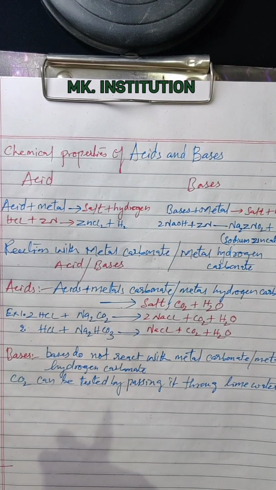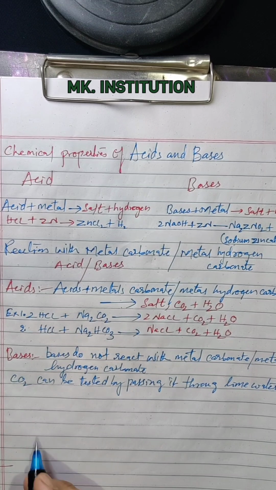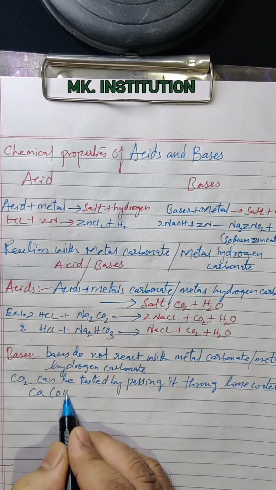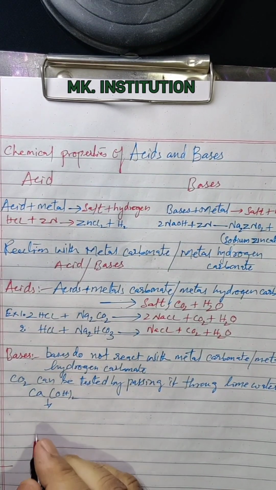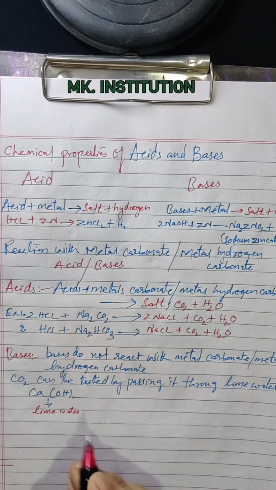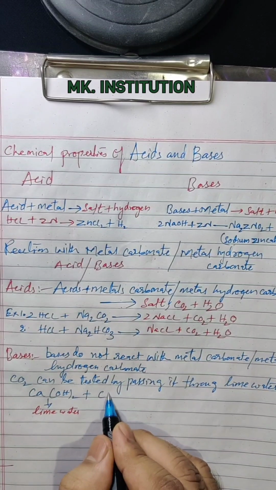If you want to check for carbon dioxide, we use lime water only. Lime water turns milky. In lower classes we already studied this. Here is the equation: Ca(OH)2, this is lime water, nothing but the lime water formula.